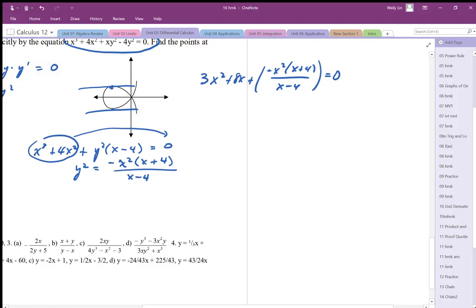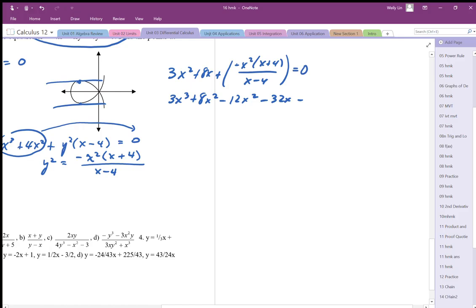I'm going to clear out this denominator by multiplying by x minus 4. So I'm going to end up with 3x cubed plus 3x squared, multiplied by the negative 4, minus 12x squared minus 32x. I multiplied them by x minus 4, so the denominator clears out.